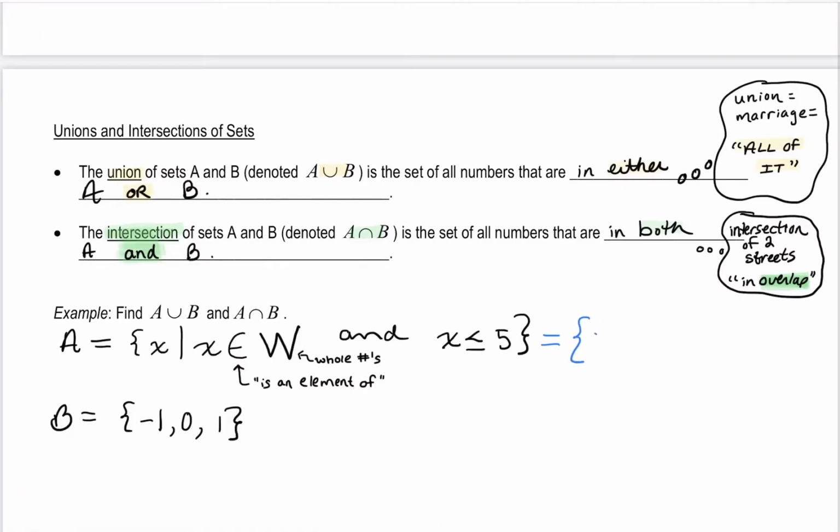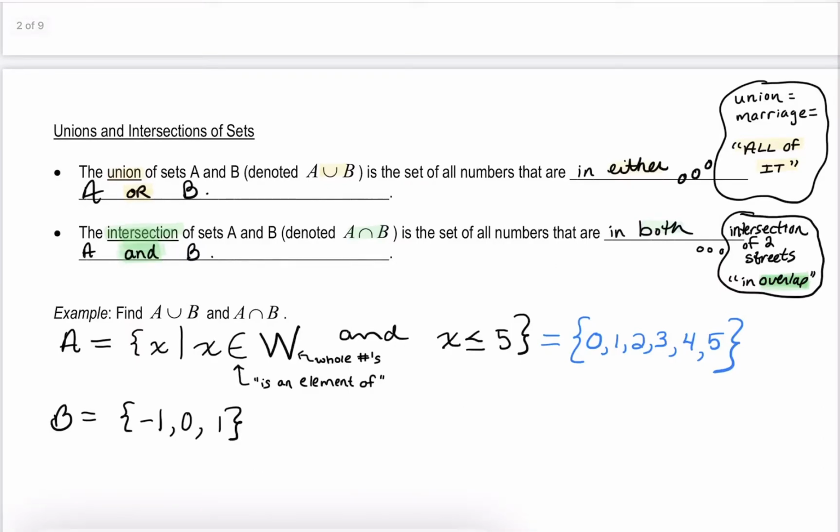Set A starts at 0, 1, 2, and then I need to make sure I satisfy the second criteria, which says that x needs to be less than or equal to 5. So I have to stop my listing here. Right now I'm just listing out all the whole numbers, but I also need x to be less than or equal to 5. So I stop there at 5. So there's set A, and now set B, just a listing in roster form. Now I have them both in roster form.